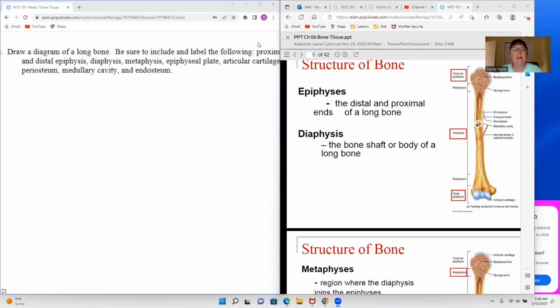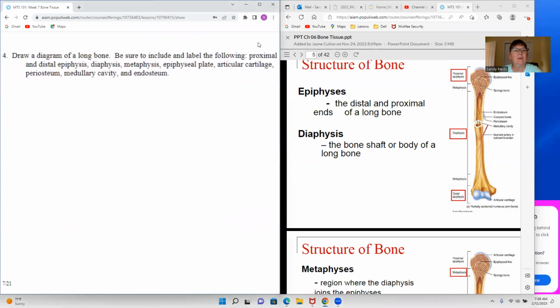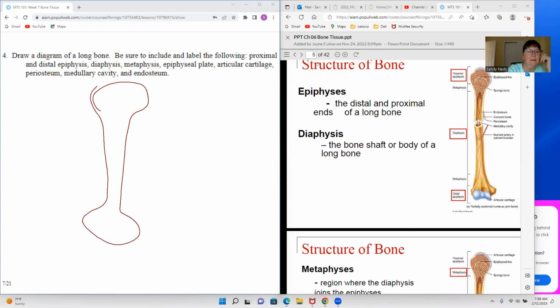And then the next thing it wants us to do is to draw a long bone. So let's make it. So here's my long bone. Kind of a poor looking long bone, but it's a long bone.